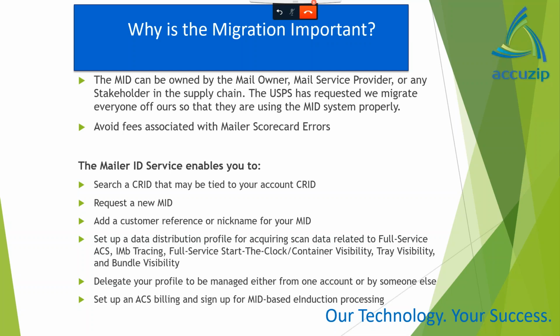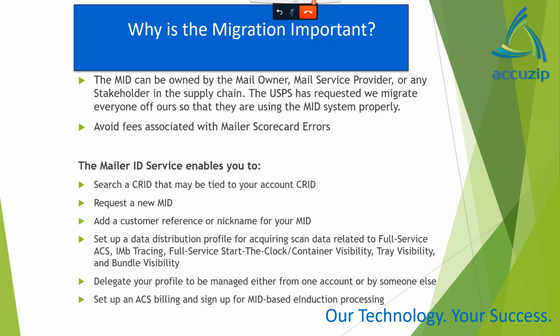If you have multiple companies using the mailer ID that we issue when you get AccuTrace, and you go outside of your serial number range that we assign to you, or somebody else goes outside of the serial range that we assign to them, there is a potential for mail piece barcode uniqueness errors. In addition to that, there's a chance for tray barcode, container barcode, tray and sack barcode uniqueness errors.